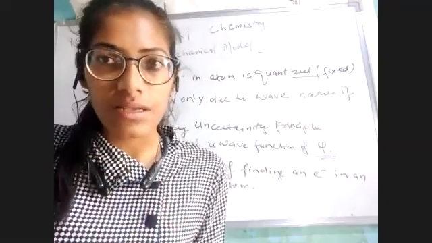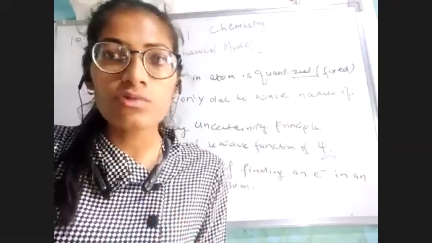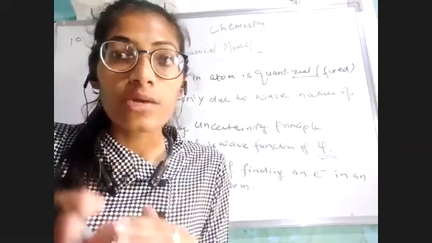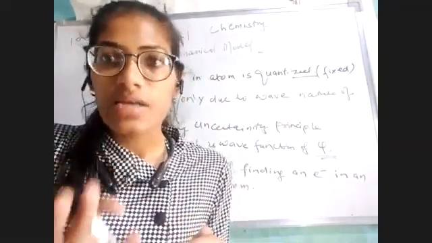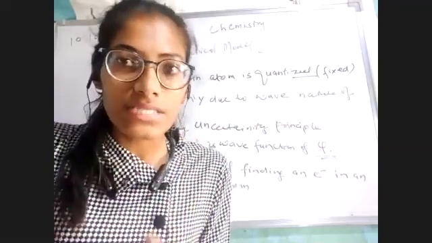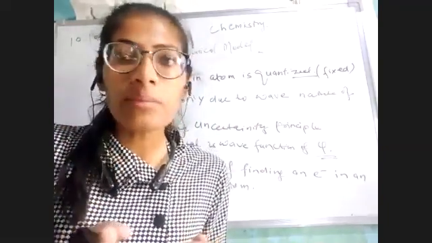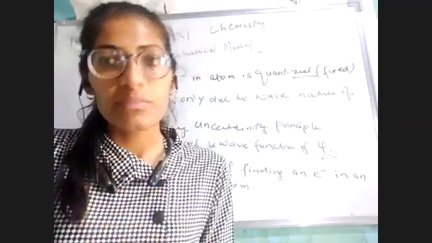Don't ever miss tomorrow's class, because we will see how to calculate SPDF orbitals, about which you must have read a little in 10th class. We will discuss that in detail, and it is super important for chemistry. So don't miss tomorrow's class.